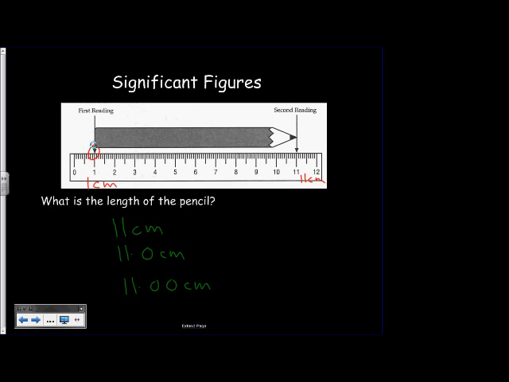You need to think about the scale that has been used and how precise the scale is. Now this is a rule that's been used. We take note that each of these divisions on that rule effectively measures to the nearest millimeter. So I would suggest to you that the most appropriate number of significant figures is that one there, 3 sig figs, effectively measuring to the nearest millimeter, because that is the precision of the scale that is being used.